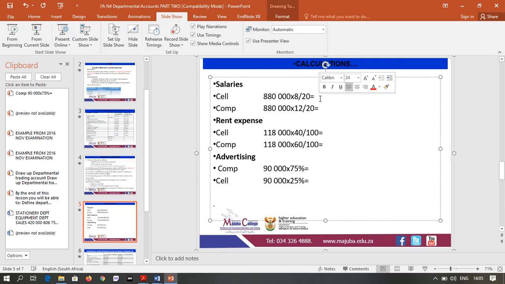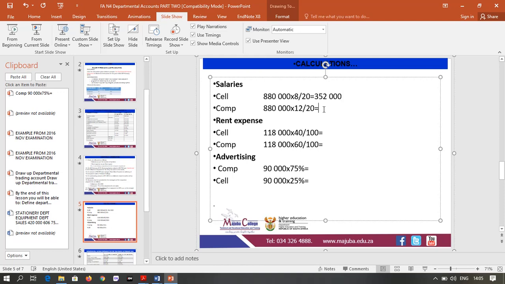Then you get the amount, which is 880,000 times 8/20. That gives you 352,000 rand. Then you know how much to put for salaries for the cell phone department.